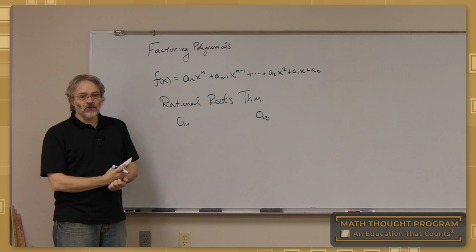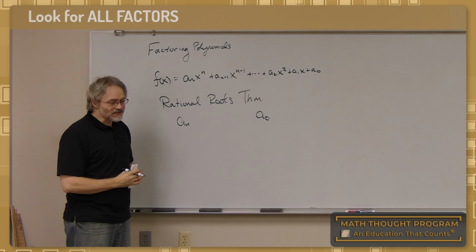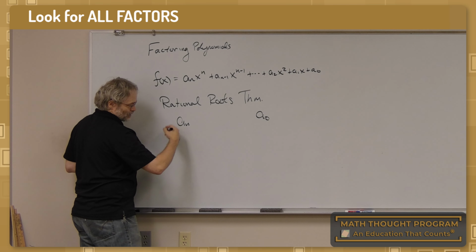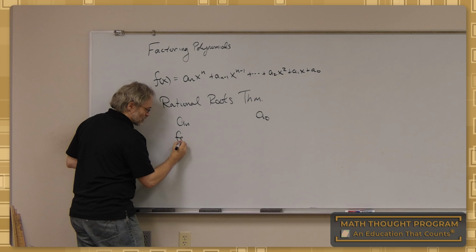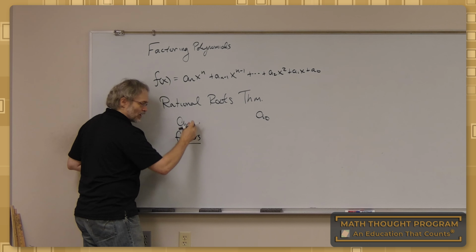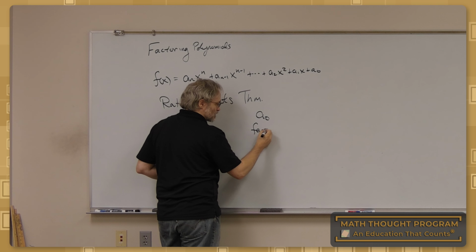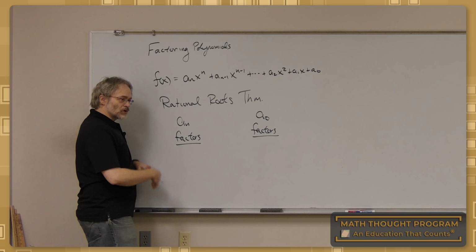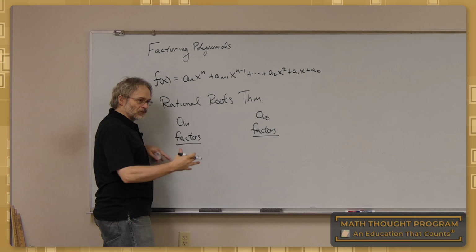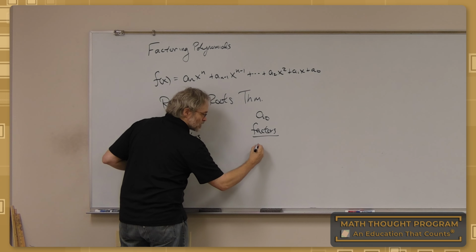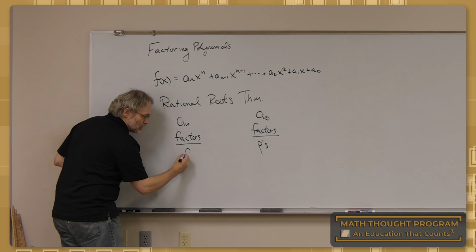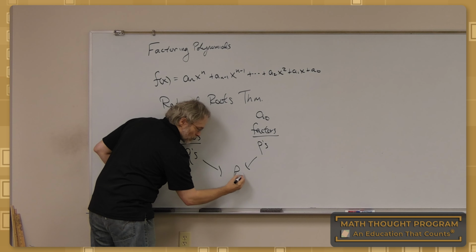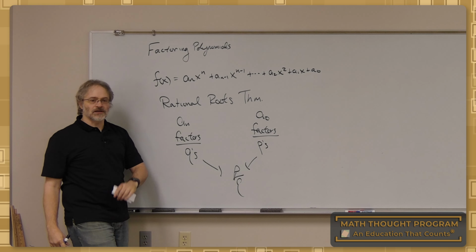Then you are going to be looking at every single one of the factors that will divide into it. We'll say factors of a sub n and factors of a naught. And then once you have all these factors, you're going to put them together. These are going to be all your p values, these are going to be all your q values, as you form the rational number.